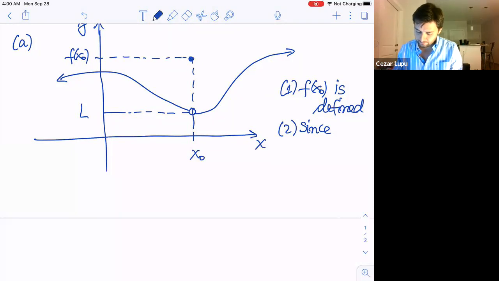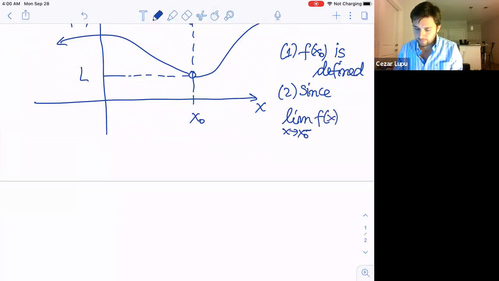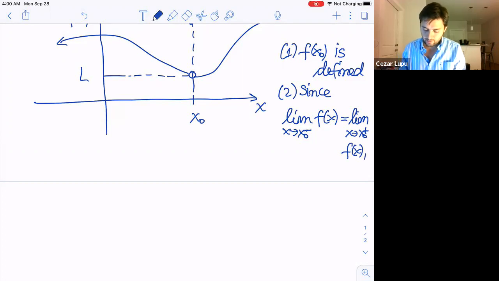Since the limit as x approaches x naught from the left of f of x is the same as the limit as x approaches x naught from the right of f of x, and moreover, this implies that the limit as x approaches x naught of f of x is L, some number L. So this limit exists.